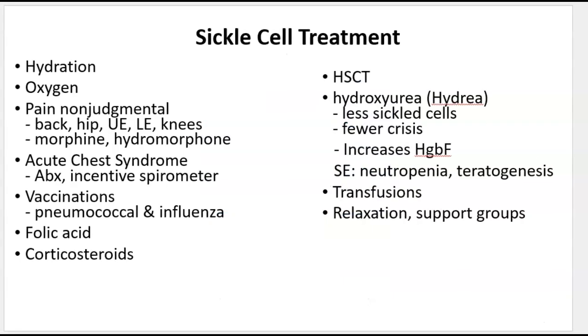All right, so treatment of sickle cell really falls on a couple things. One is prevention. The best thing we can do for somebody with sickle cell disease is to keep them from going into crisis, because crisis can become deadly. So for that, it's a whole bunch of patient teaching.